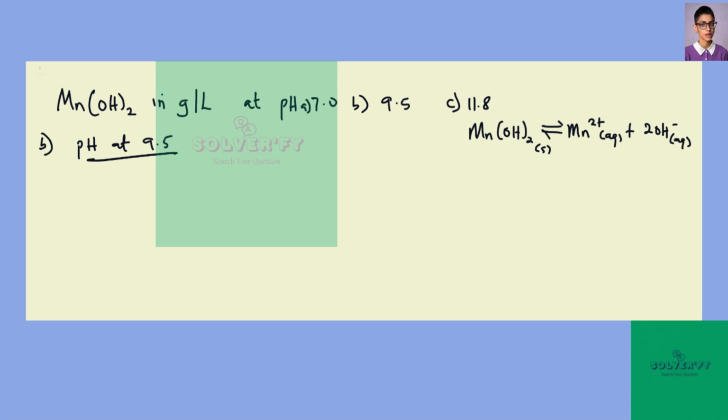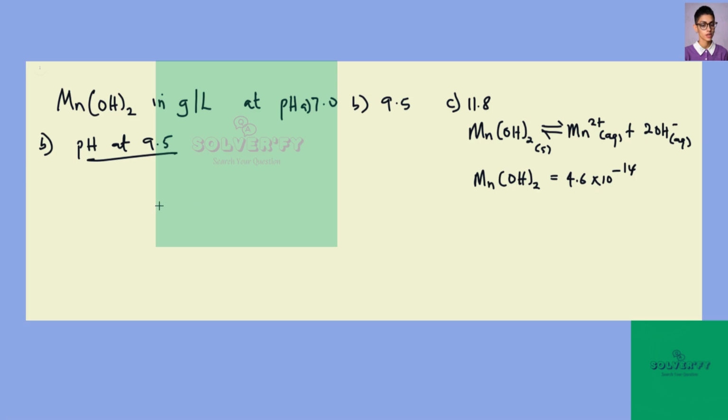So we need to find the KSP of manganese hydroxide first. So the KSP of manganese 2 hydroxide is 4.6 times 10 raised to the power minus 14.